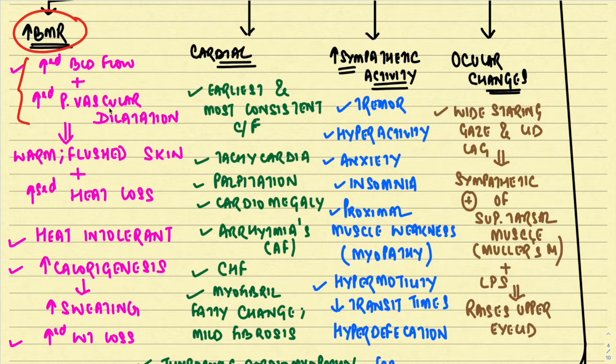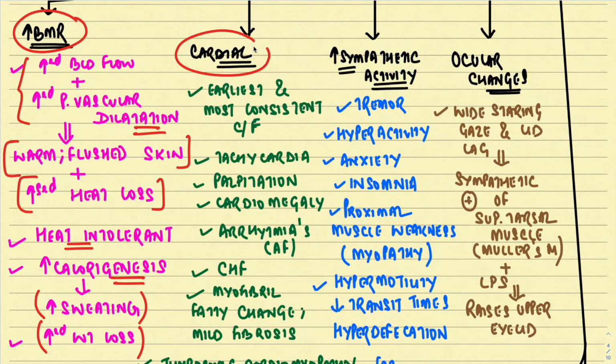Along with that, there is peripheral vasodilatation. This leads to very warm, flushed skin. Because the blood flow is more, the amount of heat loss is also more. These individuals are heat intolerant. There is an excessive amount of calorigenesis in such patients, leading to increased sweating. These individuals also have increased weight loss.